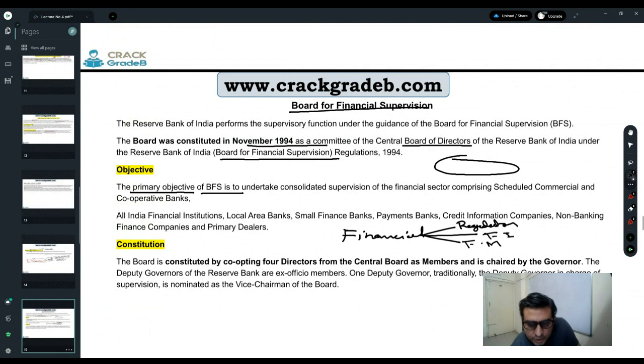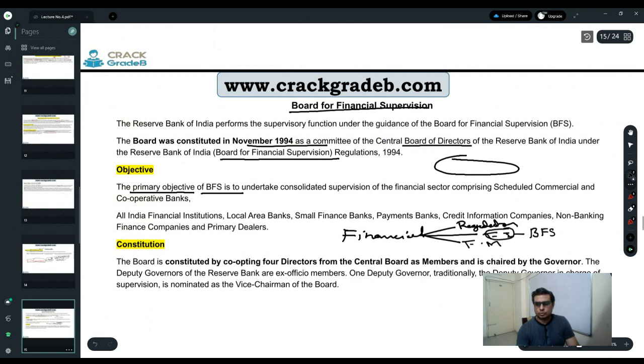So all these three are the important parts of the financial system, and all these financial intermediaries come under the purview of the Board of Financial Supervision.